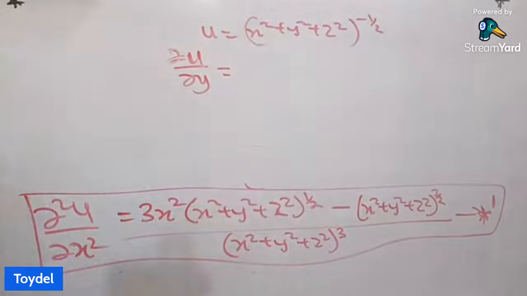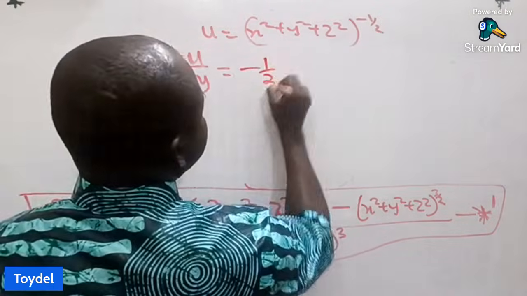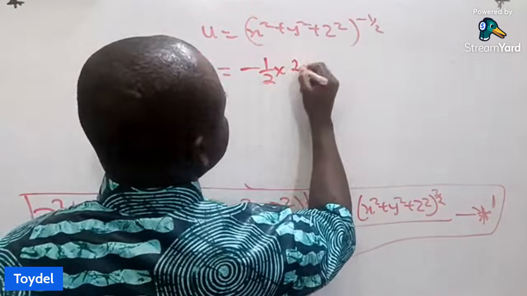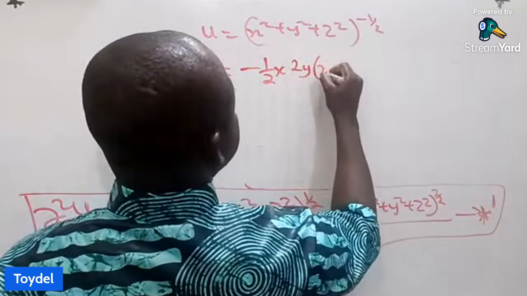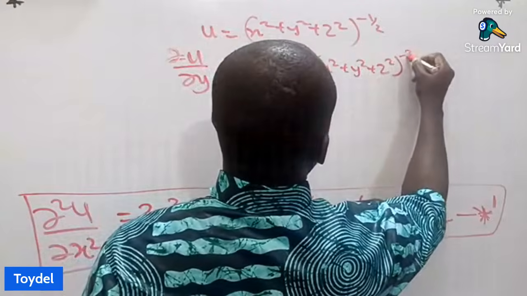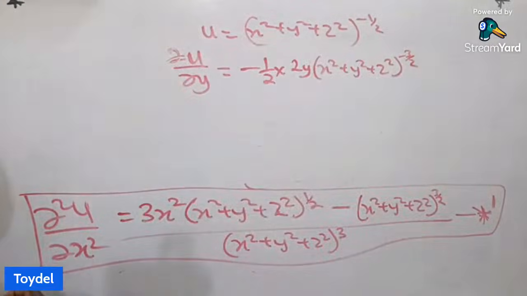I want to differentiate this with respect to y. So what will I get? That will be minus half multiplied by 2y into brackets x squared plus y squared plus z squared, everything to the power minus 3 over 2. That's what I'm going to get.